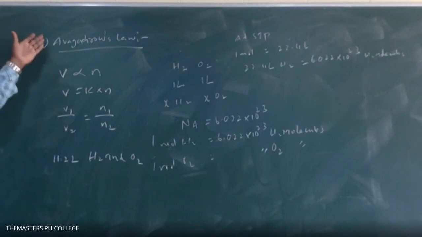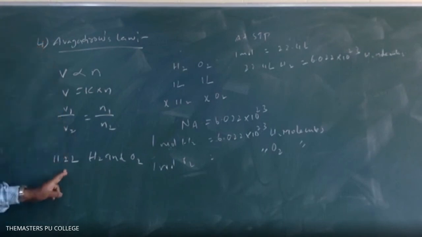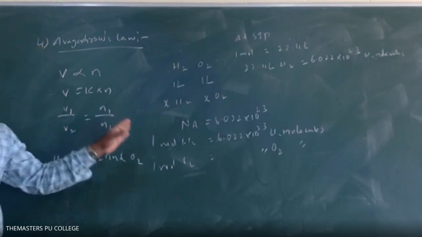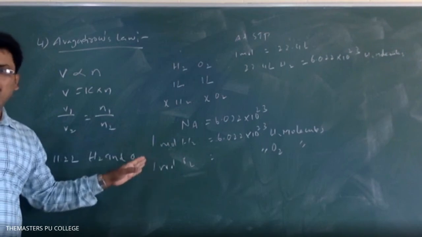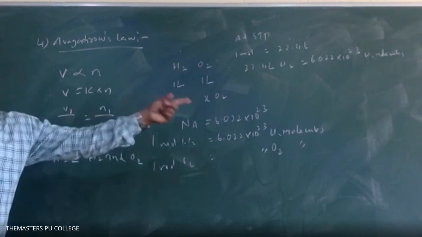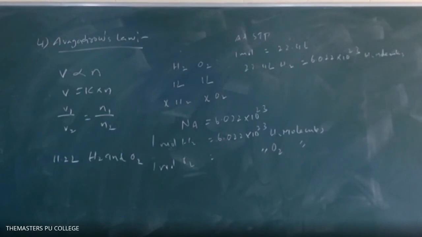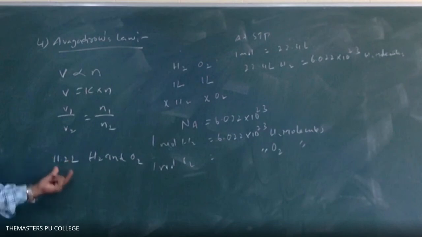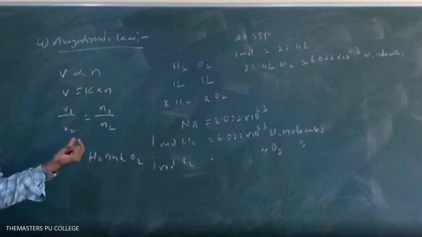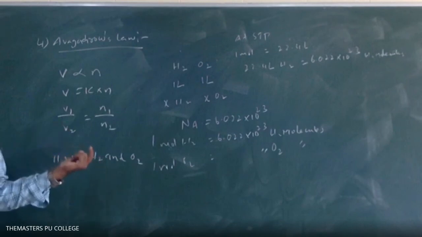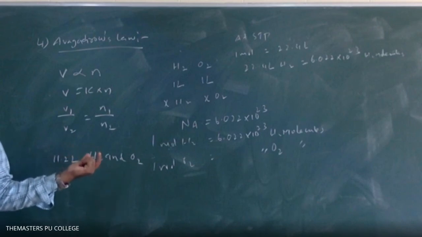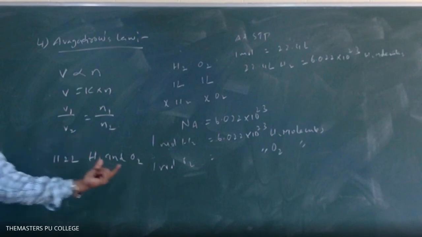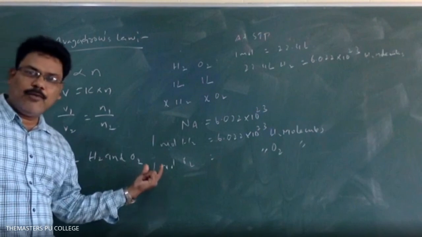According to Avogadro's law, 11.2 liters of H2 and O2 contain equal number of gas molecules. 11.2 liters means how many moles? 0.5 moles of H2, and similarly O2 also 0.5 moles.